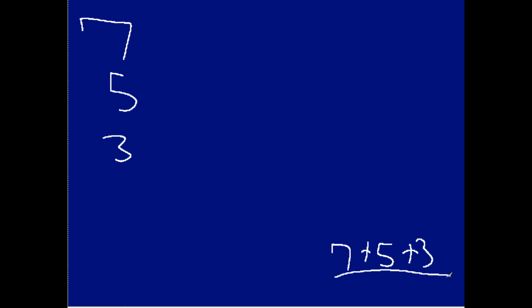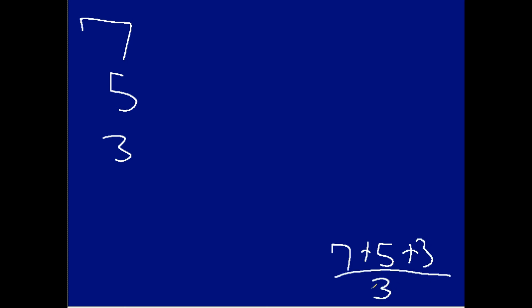So here are my sample examples: 7, 5, 3. As I just showed you on the previous slide, I first need to calculate the mean. The mean is very simple. We'll just do it down here in the corner. 7 plus 5 plus 3. We add them all together and then we divide by 3.